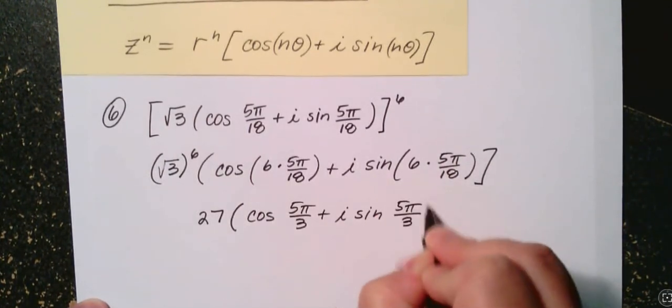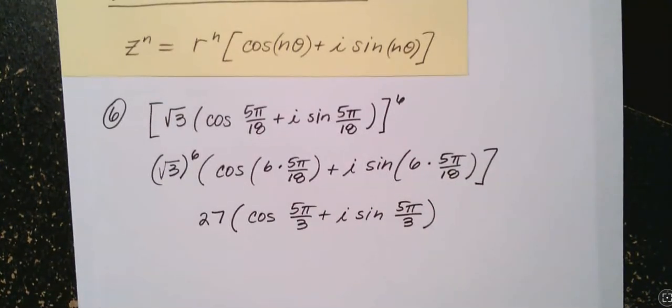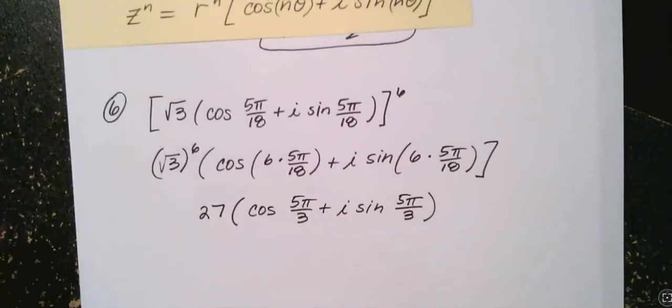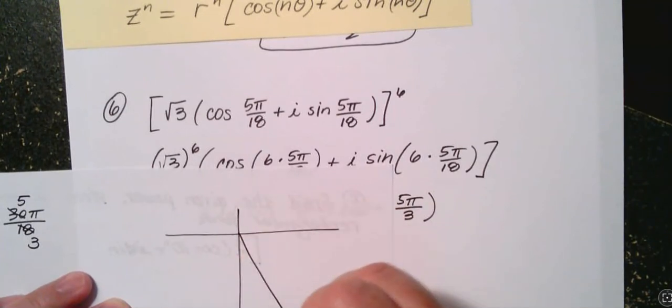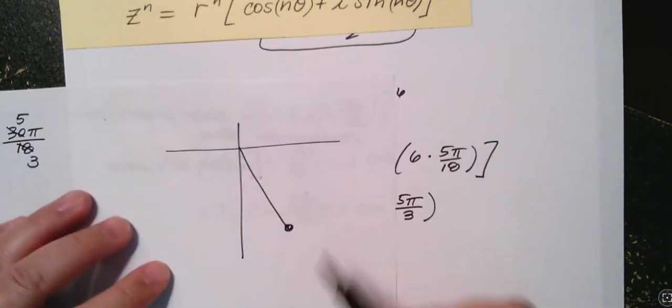And at this point, you're probably starting to recognize your unit circle values when you see them. Hopefully you have been for a while. And this is 5 pi over 3. It's a unit circle value. That's basically, back with the scratch paper, fourth quadrant, 30 degrees from here, 60 degrees from here, so to speak.